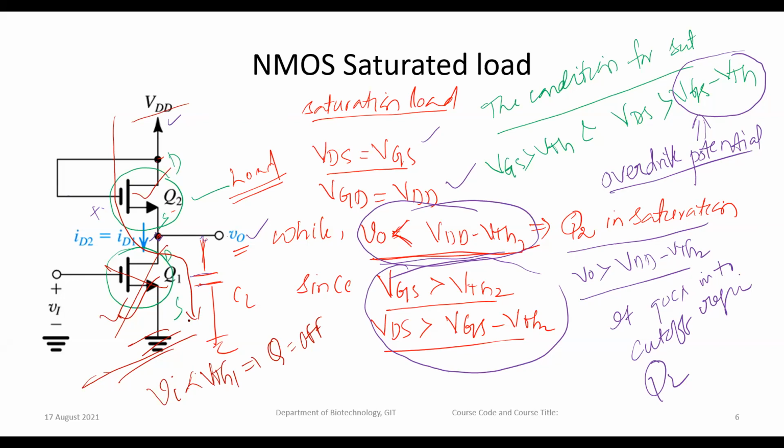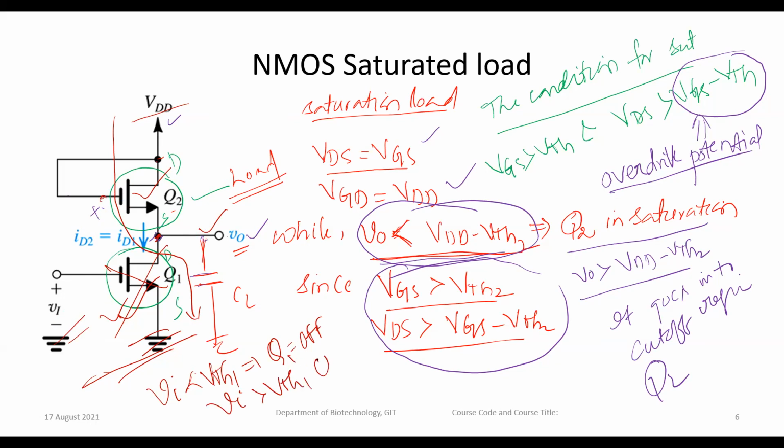Then the capacitor starts charging, so the output potential rises. Whenever it rises, the potential at this point is higher than this one, and then Q2 comes to the cutoff region. Once the input voltage is greater than VTH1, Q1 will be on.